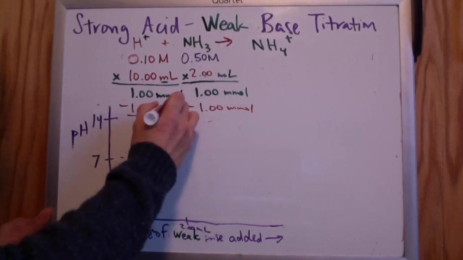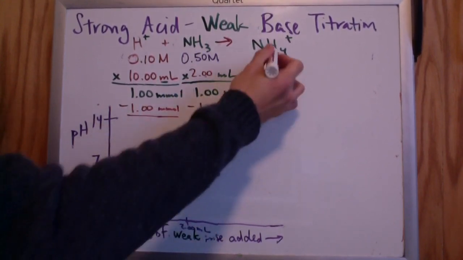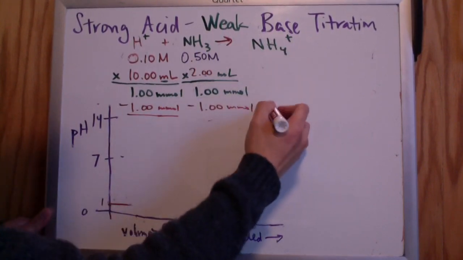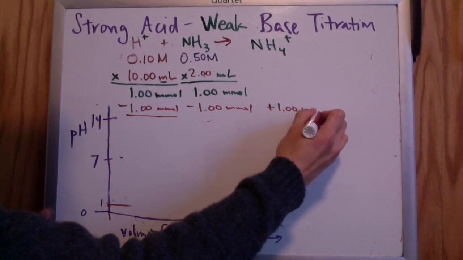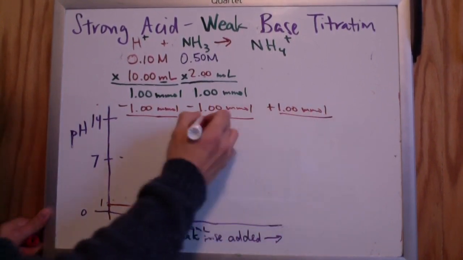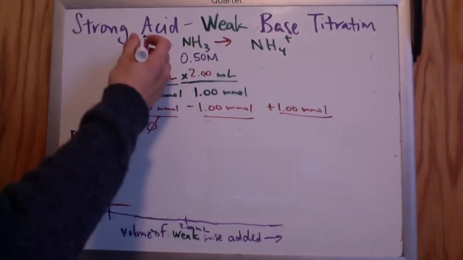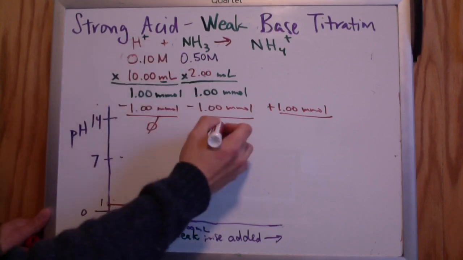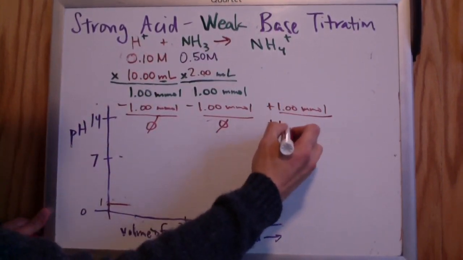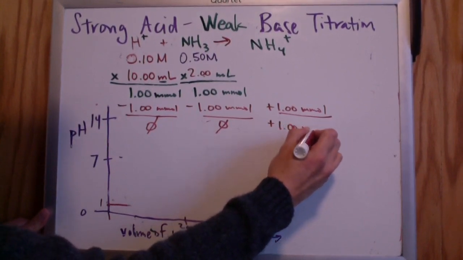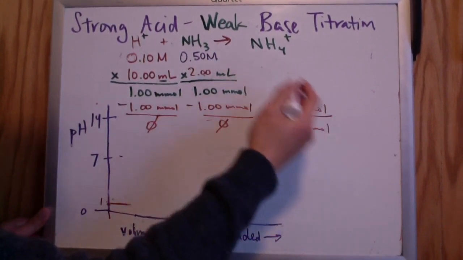And then what do we also make? Oh, we make the conjugate acid. So we also make 1.00 millimoles of NH4 plus. We end up with no HCl left over, no ammonia left over, but we do make 1.00 millimoles of NH4 plus.